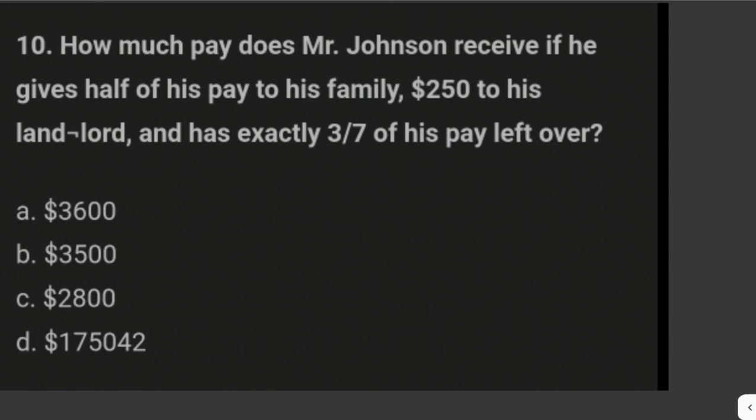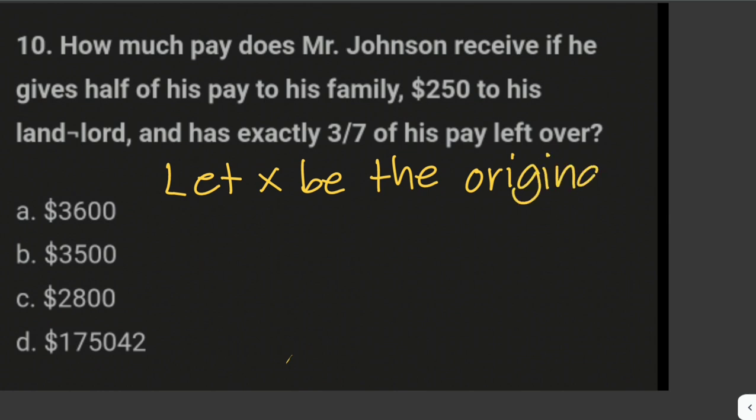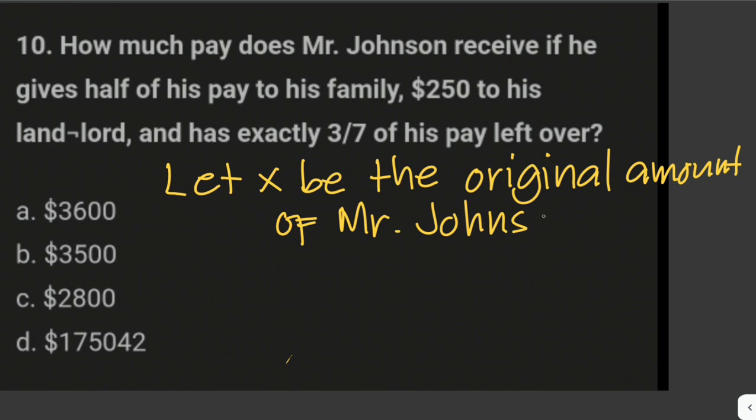Now, to solve this problem, we don't know the original amount of Mr. Johnson's pay. So we let X be the original amount of Mr. Johnson's pay, or let's say salary, or the amount of money he originally receives.